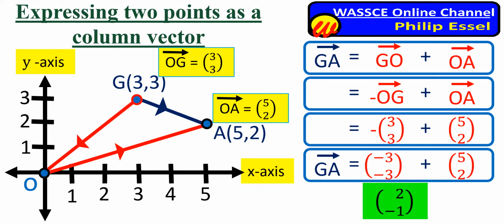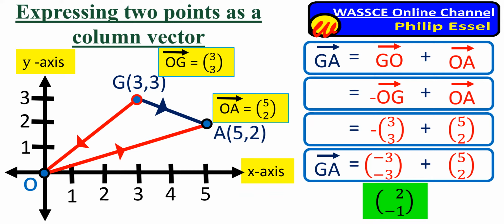At this point, we only apply our understanding of how to add vectors. We've already done this, so we just add the two vectors together to get the vector GA. Remember, the x component would add first, then the y component would also add. When you do that, you would get the vector 2, negative 1.